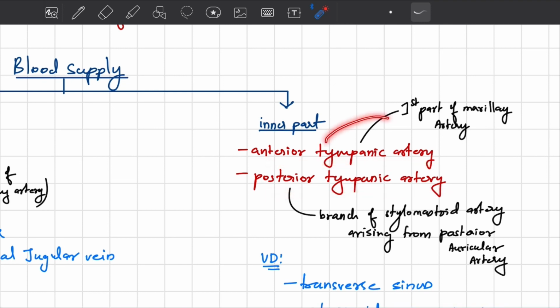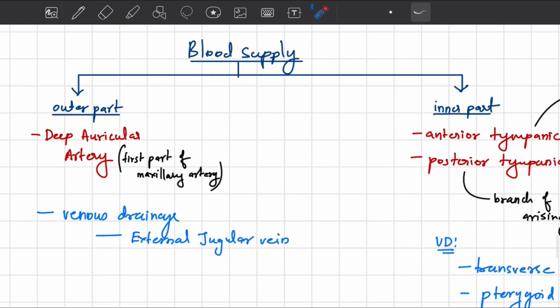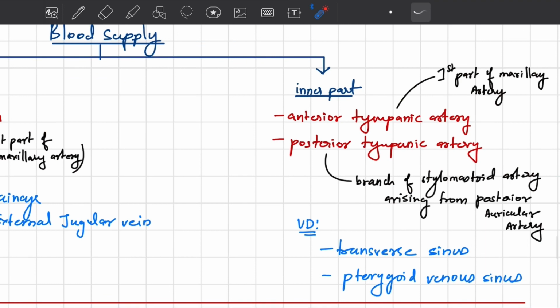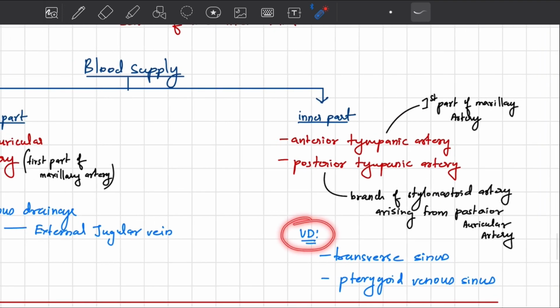The anterior tympanic artery comes from the first part of the maxillary artery, and the posterior tympanic artery comes from a branch of the stylomastoid artery, which arises from the posterior auricular artery. The outer part is drained by the external jugular vein, and the inner part drains into the transverse sinus and the pterygoid venous sinus.